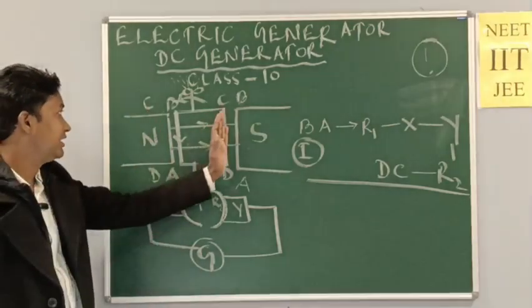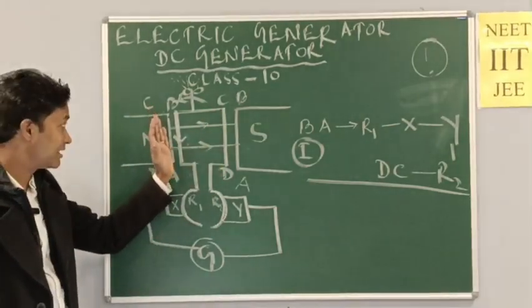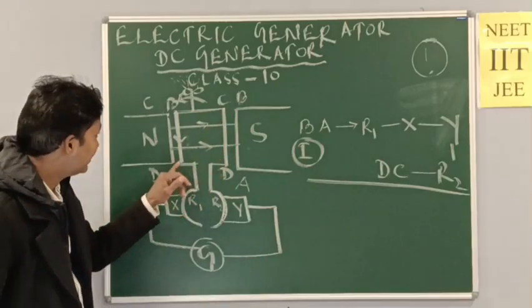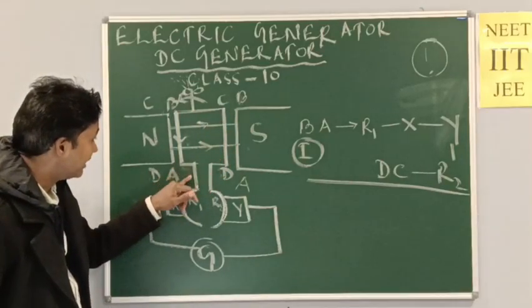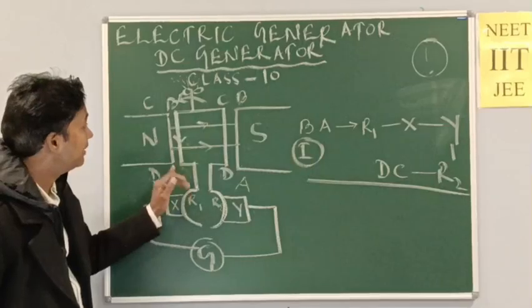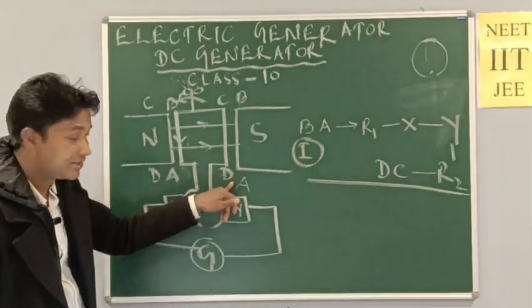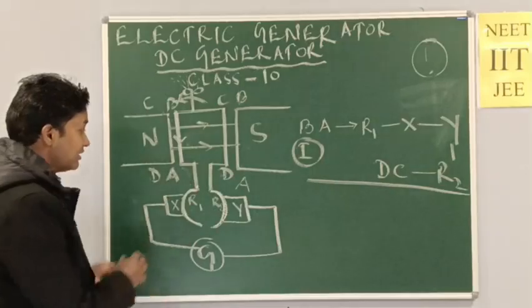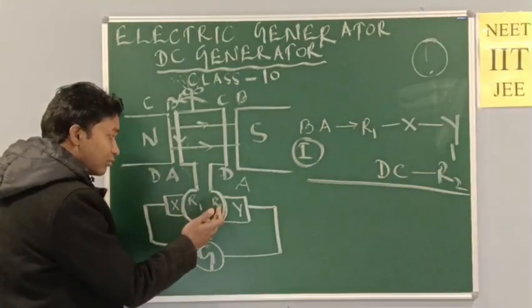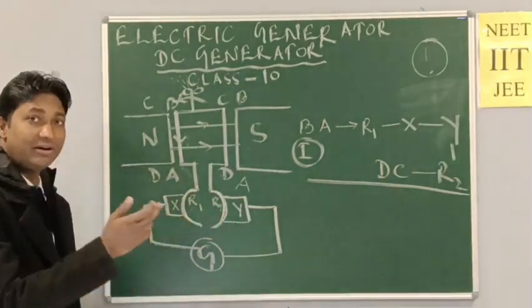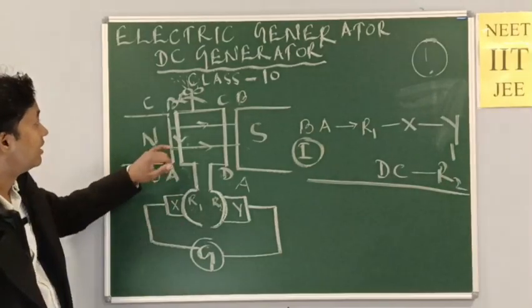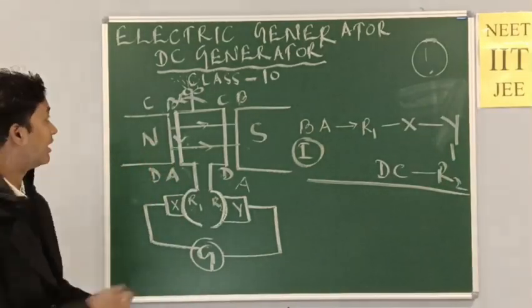One thing: AB is connected to R1. If AB comes in the place of CD, then R1 and R2 also change. R2 will come in the place of R1 due to rotation. Okay. Then again we should apply Fleming's right hand rule.